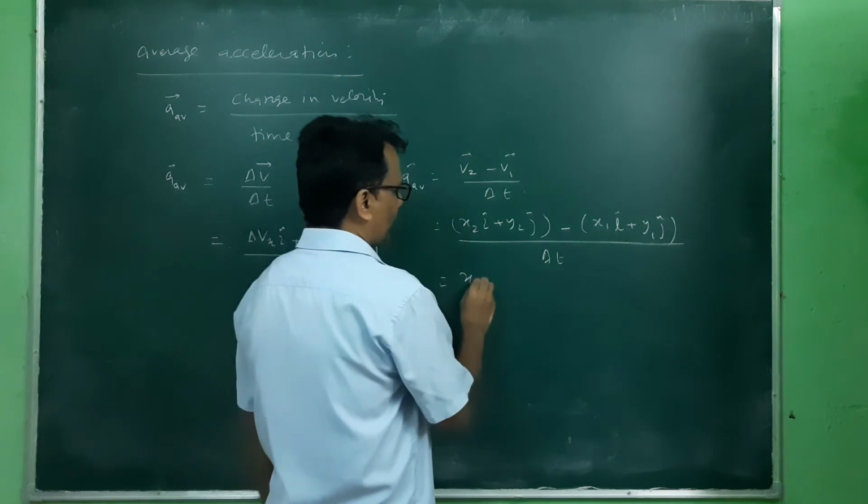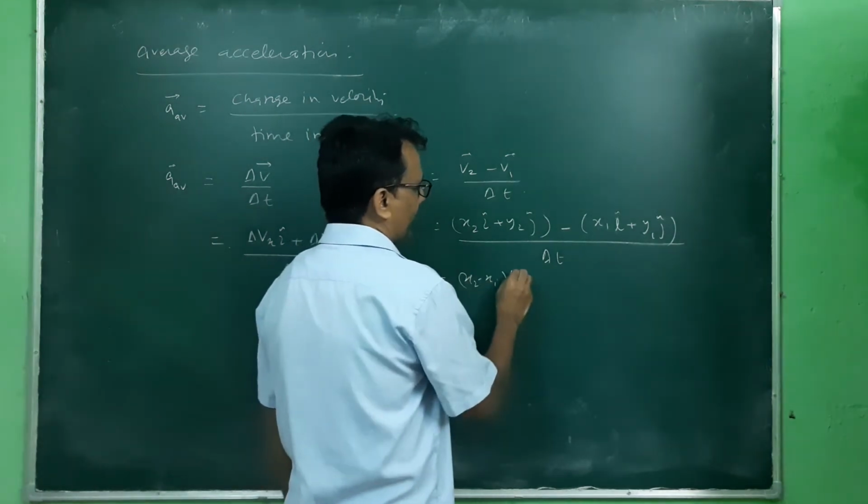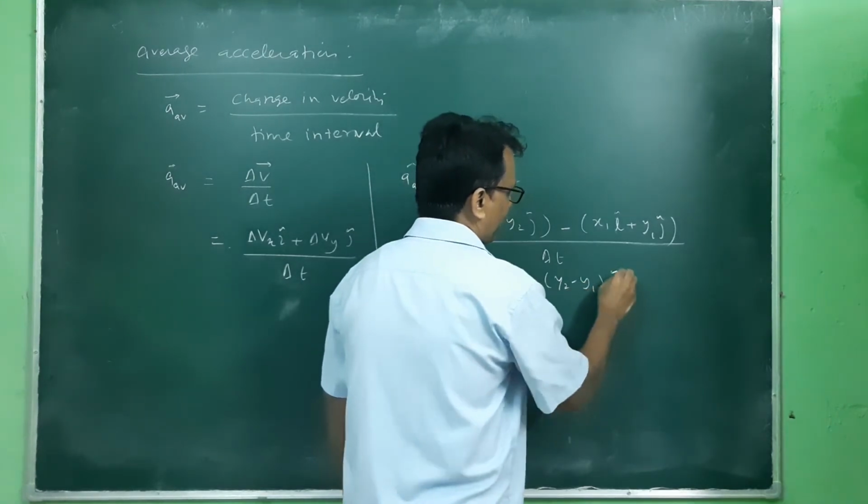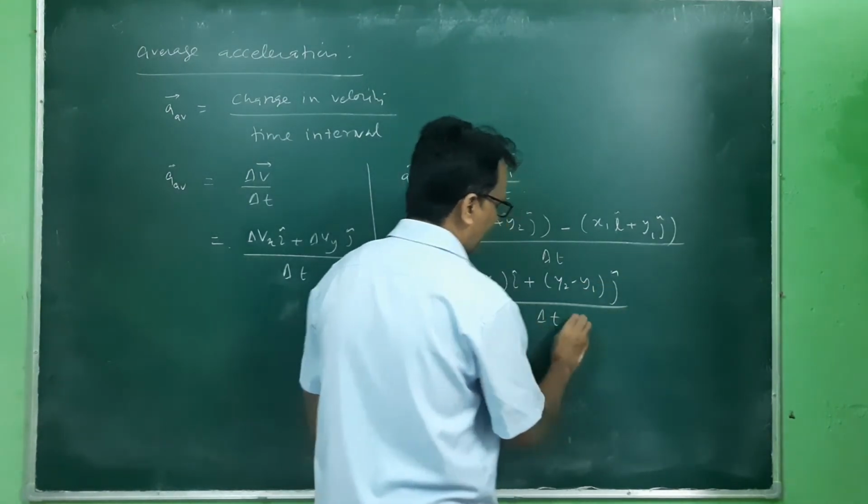This is equal to x2 minus x1 i plus y2 minus y1 j by this delta t.